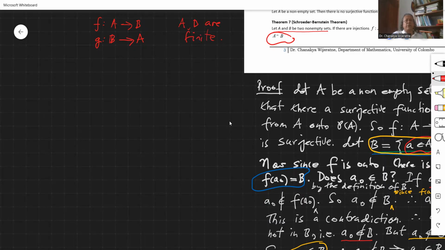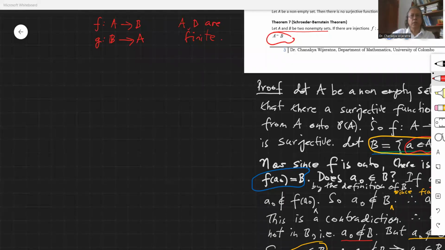Then, from the fact that there's an injective function from A into B, we can say that, if A and B are finite, the number of elements in A has to be less than or equal to the number of elements in B, right?